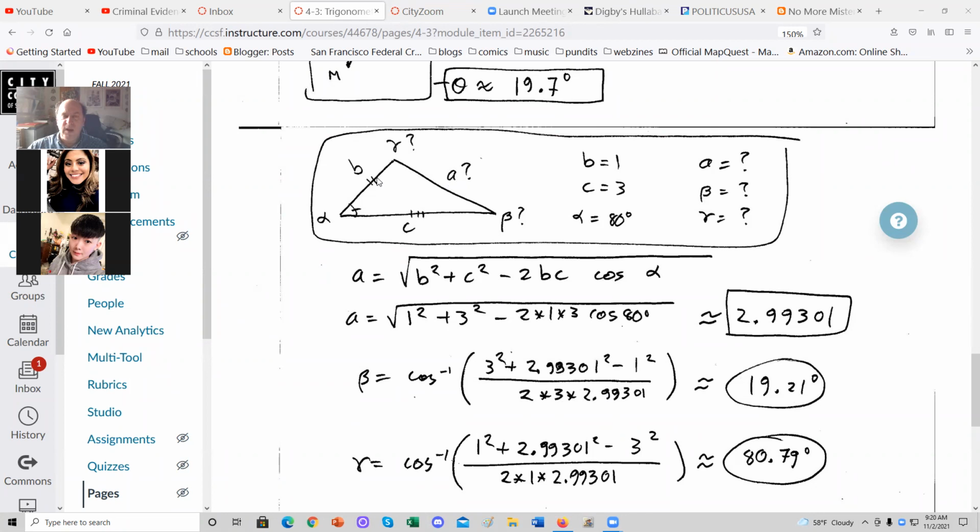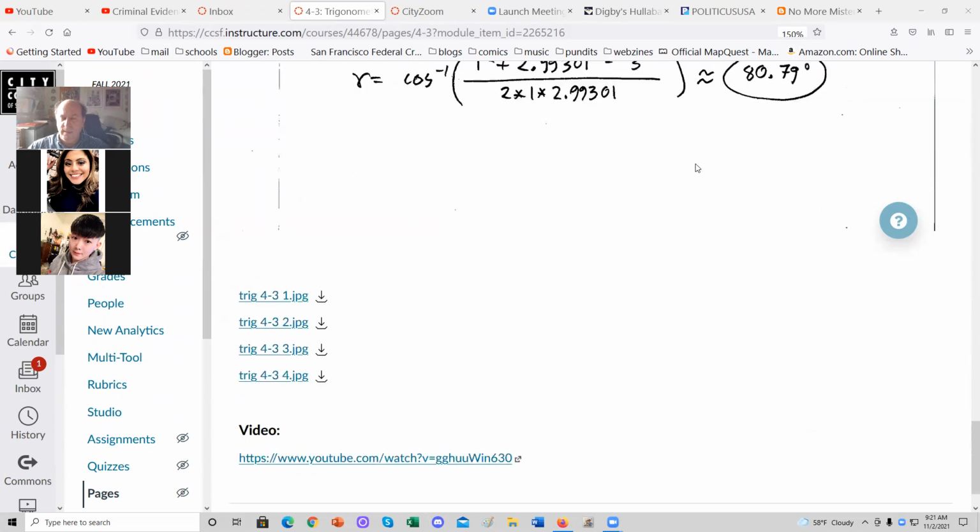Gamma, similarly, is arc cosine of (a squared plus b squared minus c squared) over 2ab. So b squared plus a squared minus c squared over 2ba. And out comes 80.79 degrees, which is indeed very close to 80, as you should expect, seeing that A and C are very close to each other. So this is very close to an isosceles triangle.